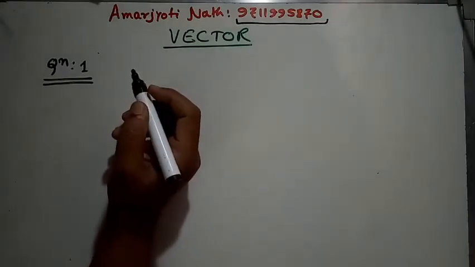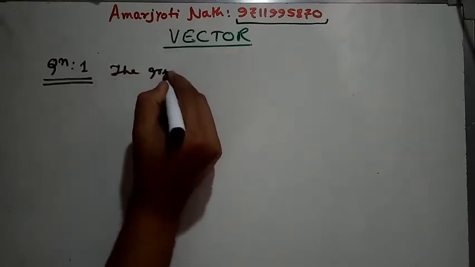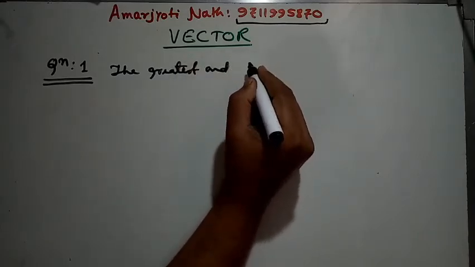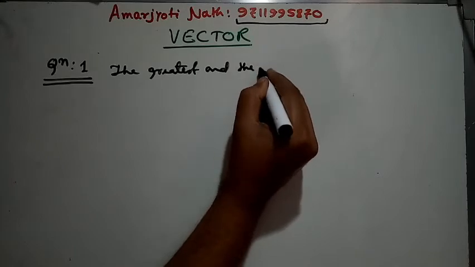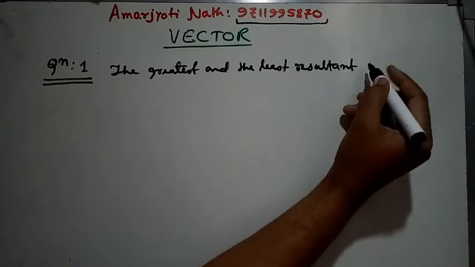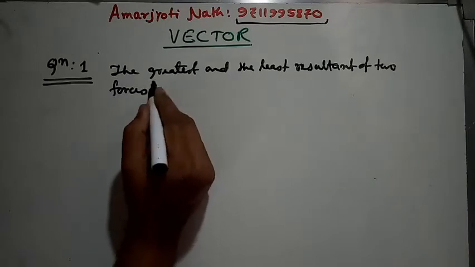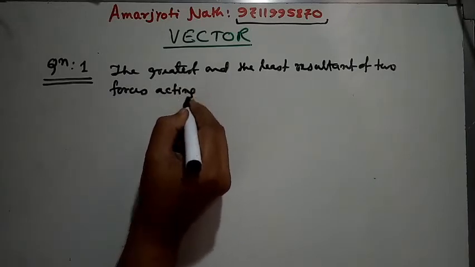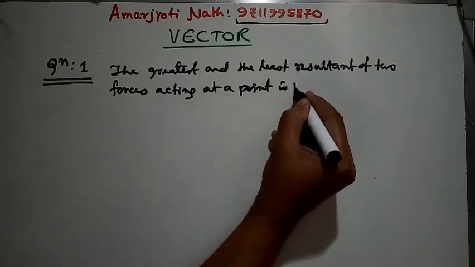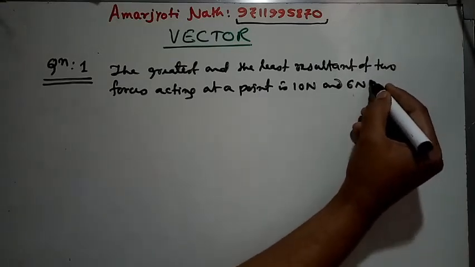The first question, please write down. The greatest and the least resultant of two forces acting at a point is 10 Newton and 6 Newton respectively.